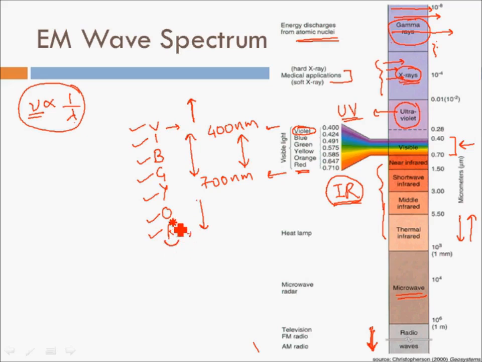And you have to remember that red belongs to 700 nanometer, that is, red is the color with highest wavelength in the visible region and least value of frequency, whereas violet, or this blue region, has least wavelength but highest frequency.